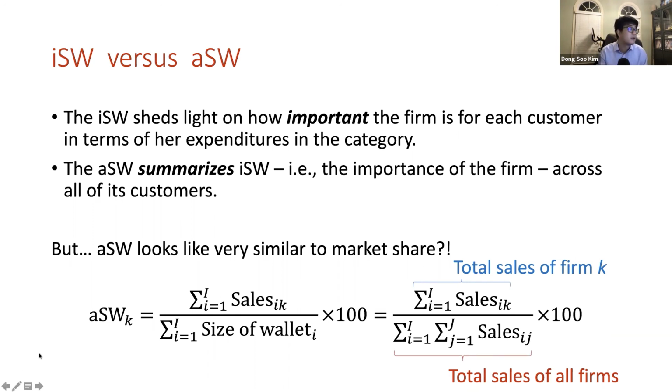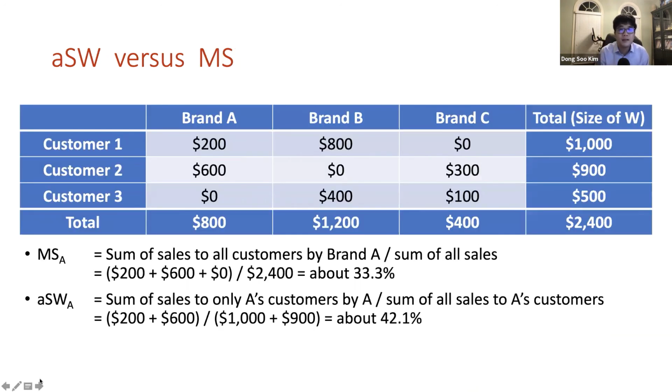But the aggregate share of wallet is entirely different from market share. Here's an example. Consider these three customers, customer 1 to 3, and three brands, brand ABC. When we compute market share, all of these customers enter the computation.